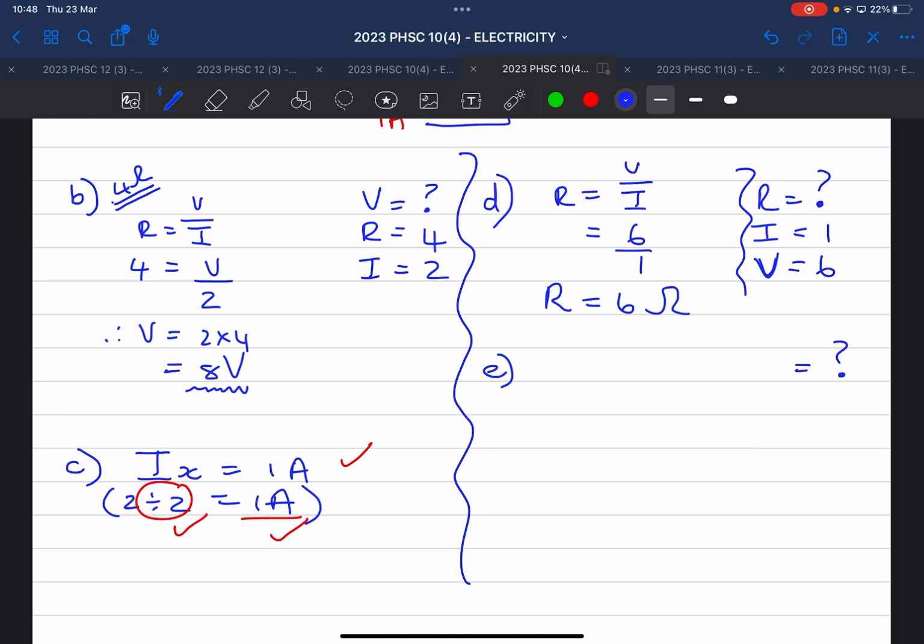C is the unit. C is coulomb. What is the symbol for charge? Yes. Okay, so they want the charge that goes through the 4 ohm resistor in 2 minutes.